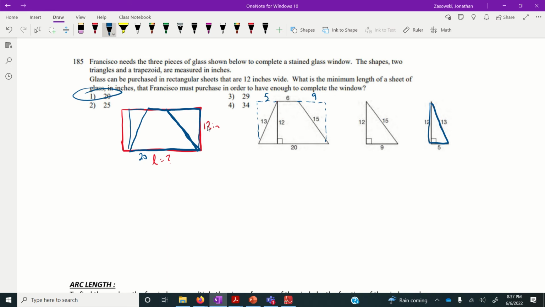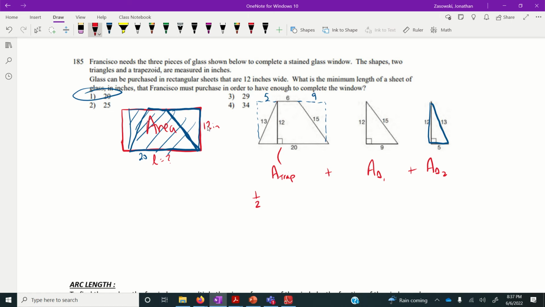Now, the other thing you can think about is that what I'm doing when I'm cutting the glass is I'm actually calculating the area of the glass needed. So if I calculate the area of the trapezoid plus the area of the triangles, we'll call this 1 and 2, then I already know that these all have a height of 12. So if I divide up the 12, that'll give me the length.